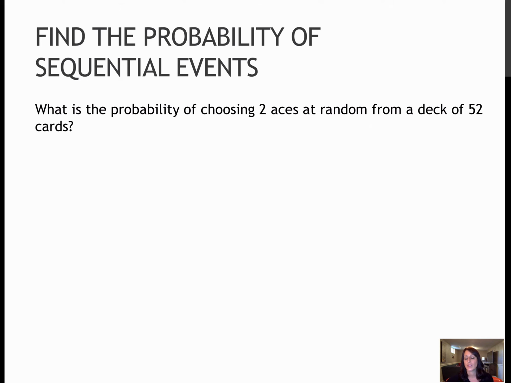Looking at this one, this is also a dependent event because I'm not putting that card back in the deck. So the first time, 2 aces is what I'm doing, but it's actually 2 different events. So the first event, there are 4 aces out of 52 cards. So the probability of ace and ace. There are 4 aces out of 52 cards multiplied by, now there are 51 cards, but in addition, there are only 3 aces left because I took 1 out the first time.